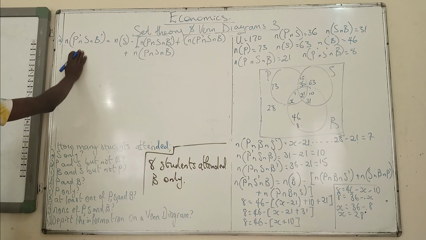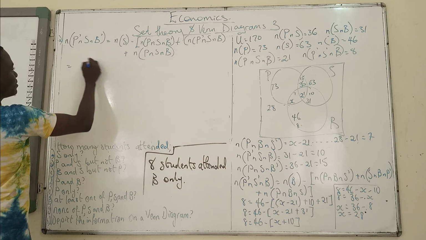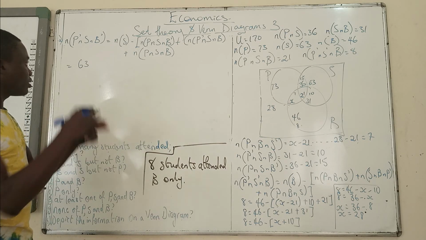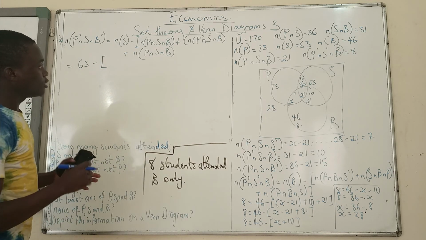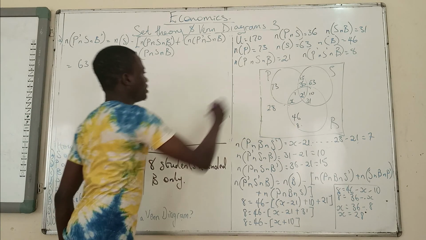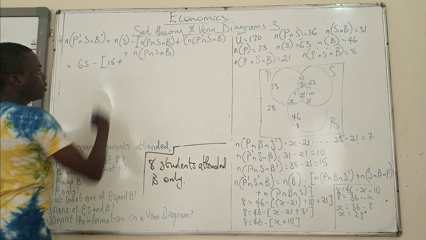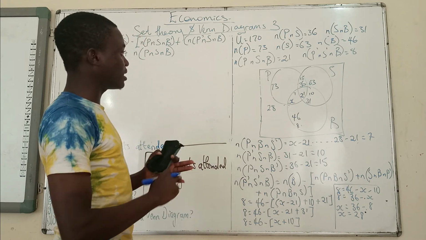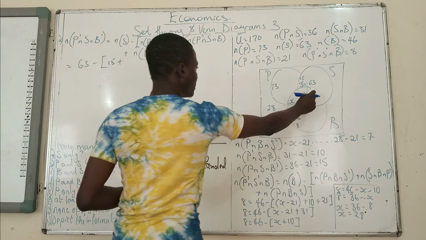Okay, so we are going to have 63, which is the number of students that acquired secondary school education in general, minus those that went to secondary school as well as primary school only, and they are 15 in number. Plus those that acquired secondary education and post-secondary education only, which is 10.